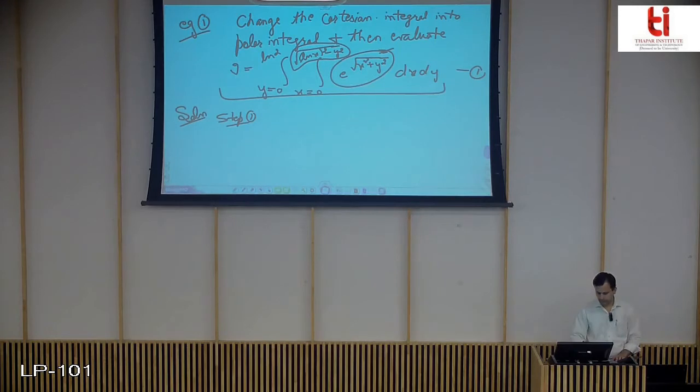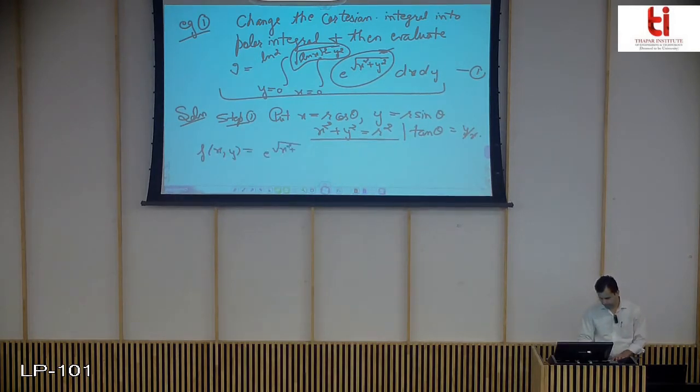Step 1, put x equals R cos theta, y equals R sin theta, so that you have x square plus y square equals R square, and tan theta is equal to y upon x. So f(x,y) equal to e under root x square plus y square becomes e raised to power r. Also dx dy changes to r dr d theta.